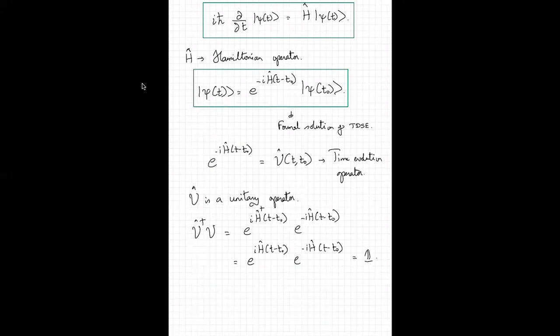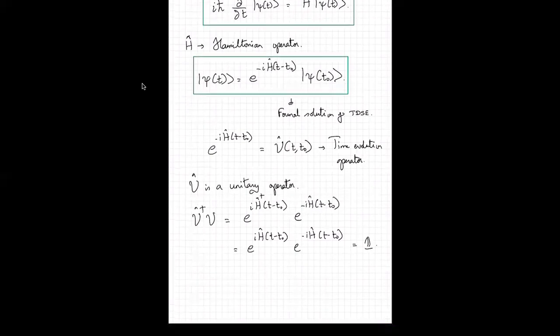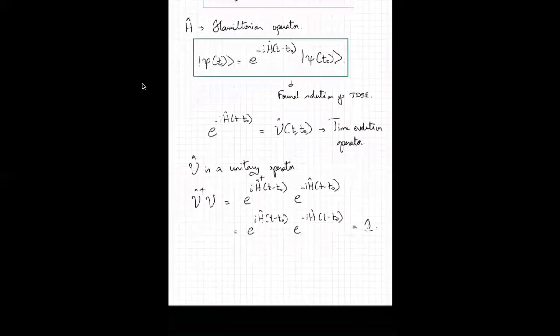So if H is a Hermitian operator, then e to the minus iH is a unitary operator. This is a general statement: if A is Hermitian, then e to the iA is unitary. You can easily show this.